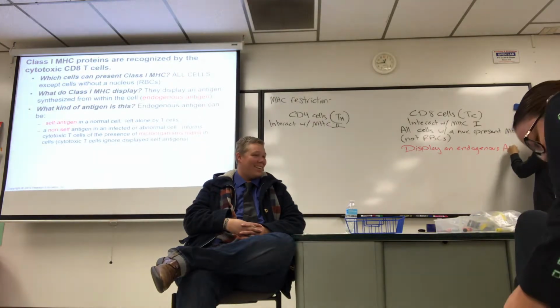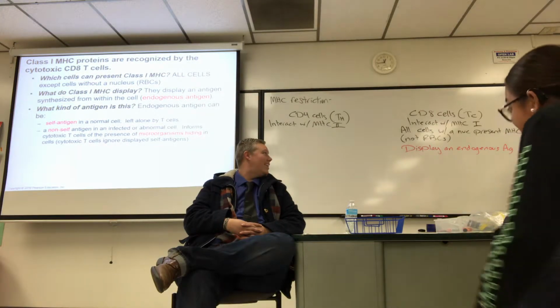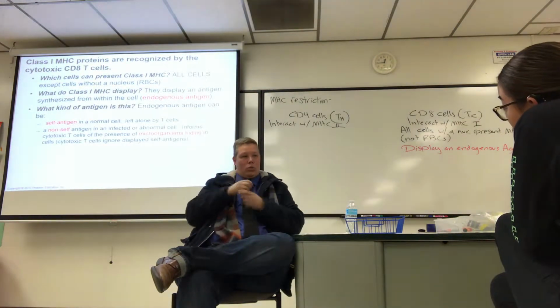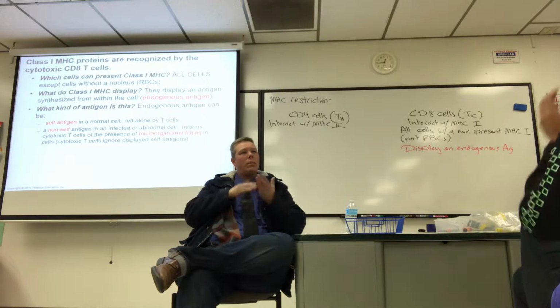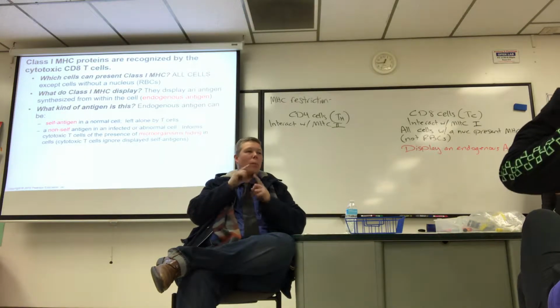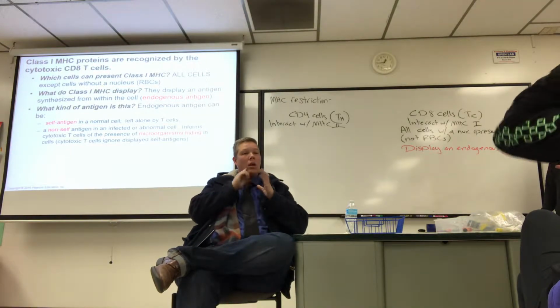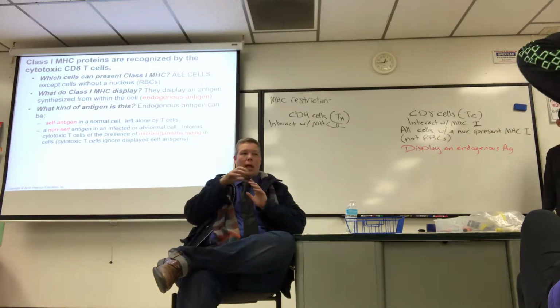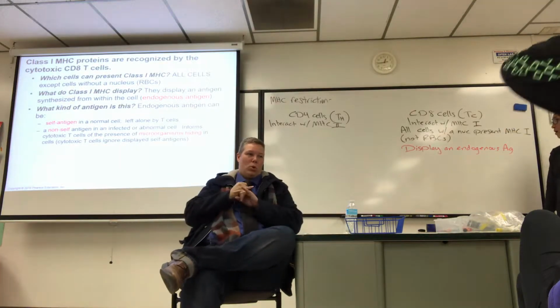That means generated from within. This is a fragment from within your own cells. And it's displaying it on MHC1 so you don't get attacked by your own immune system.